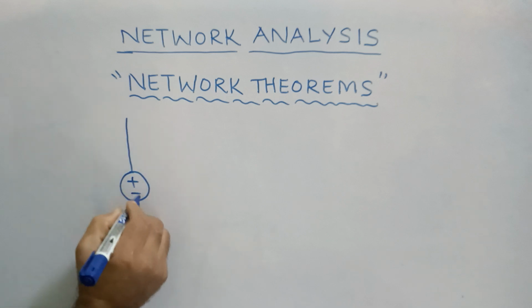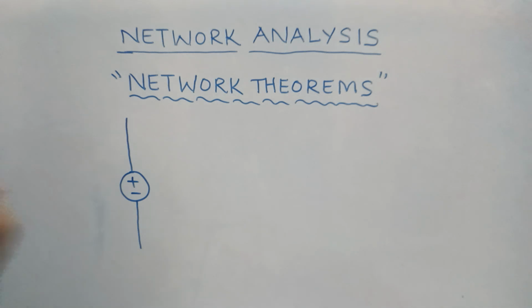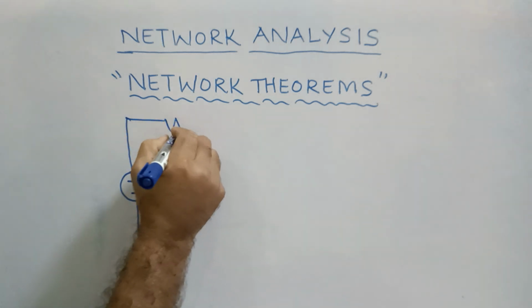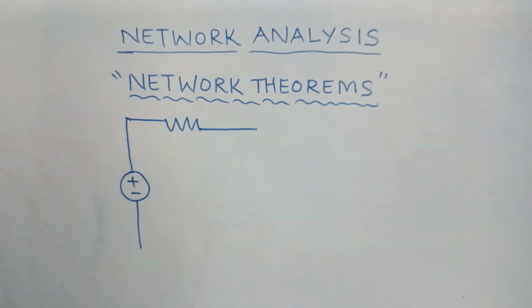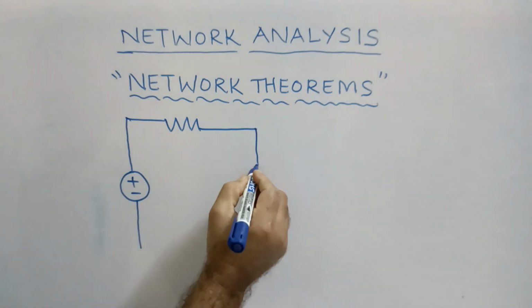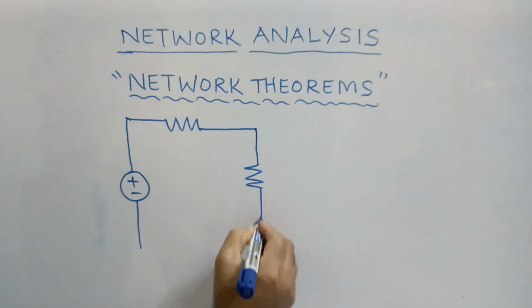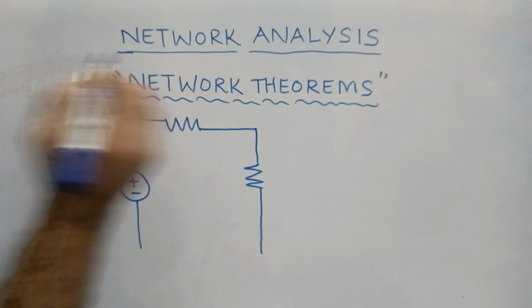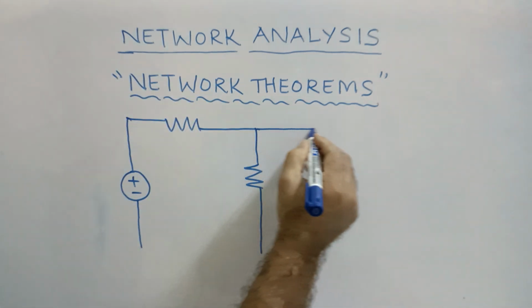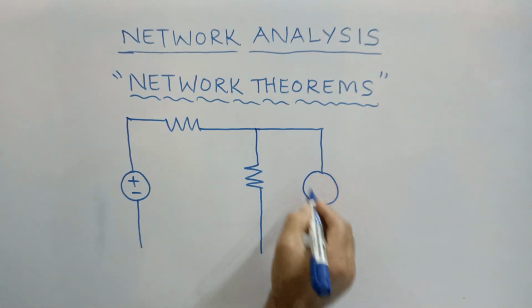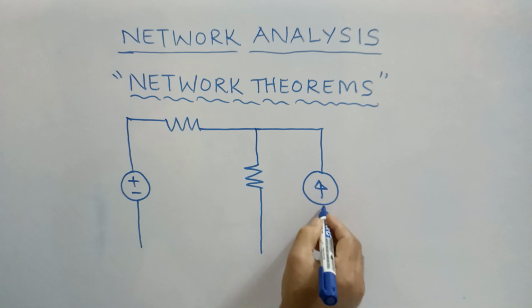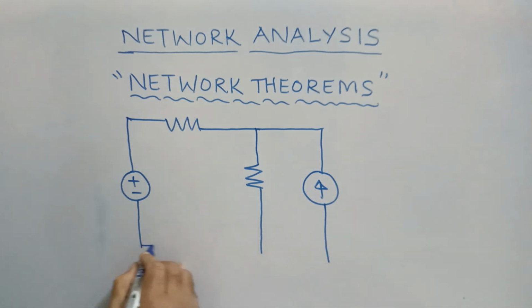I have a voltage source in this, I have a resistor, and then I have another resistor like this, and I have a current source like this.